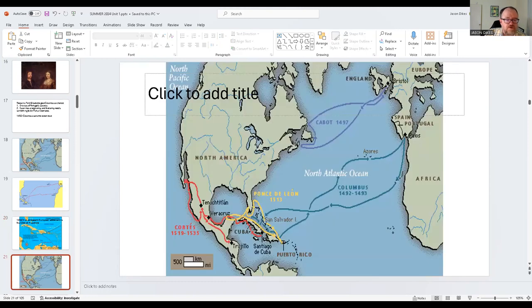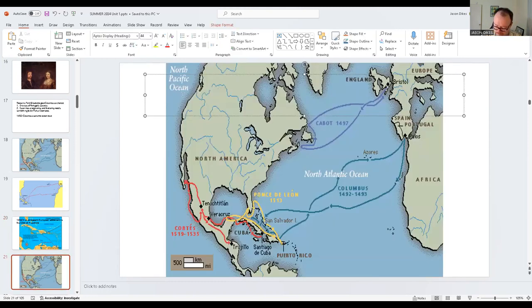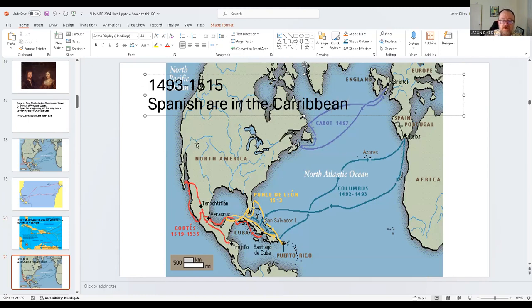For the first quarter century after Columbus, more or less, let's say about 1493 to 1515, the Spanish are in the Caribbean. We'll come back and talk about the English later, but let's talk about the Spanish.